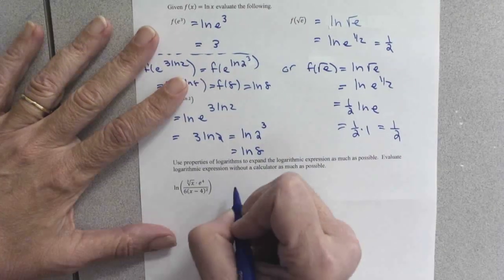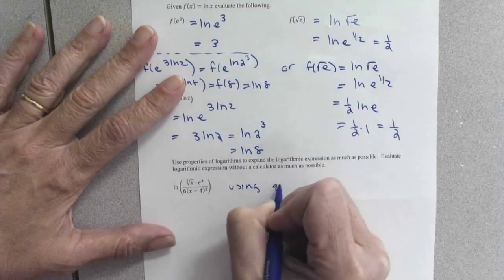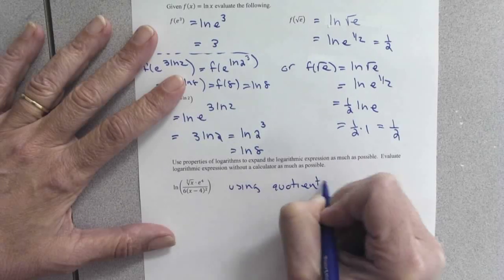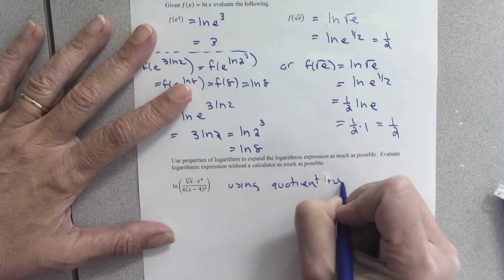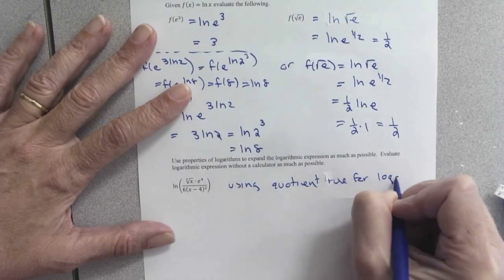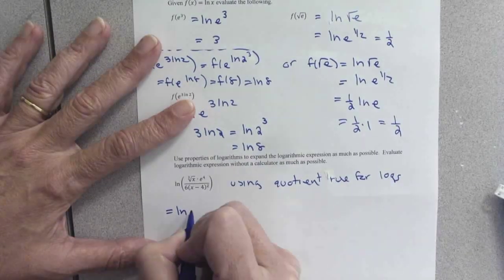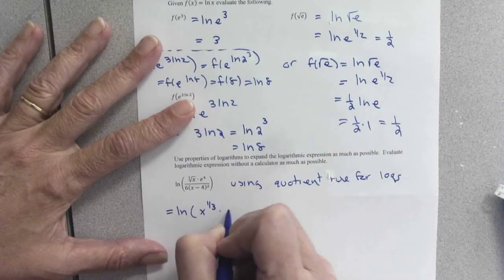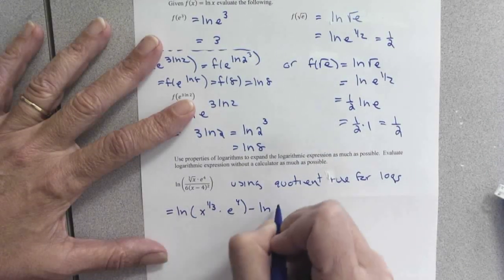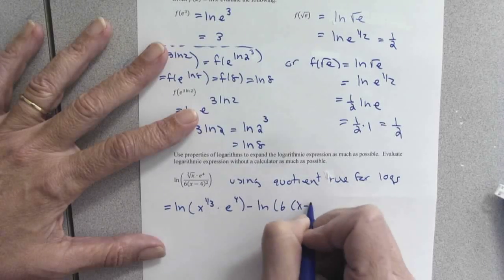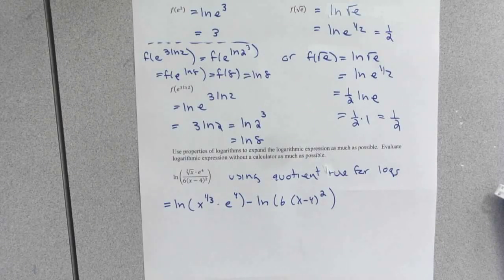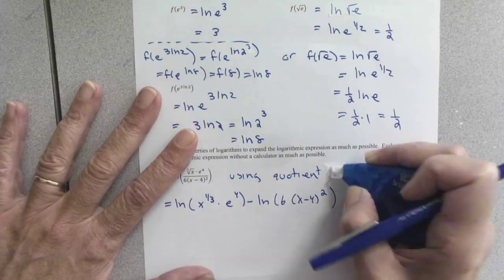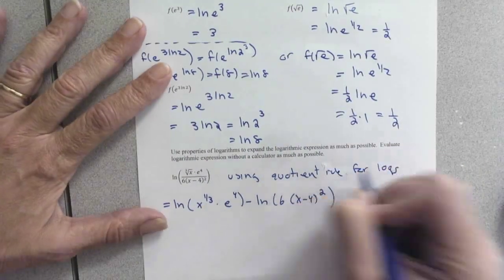So I start with the whole thing, and then using the quotient rule for logs, we would get that this is the natural log of x to the 1/3 e to the 4th minus the natural log of 6 times x minus 4 quantity squared. The quotient rule for logs says I can pull apart a fraction by subtraction. So there's the first step.